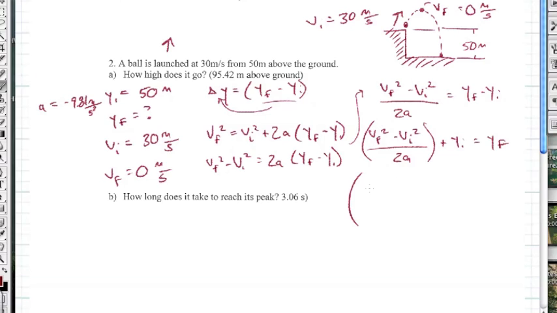Oh, it's easy. 0 squared minus VI, that's 30 meters per second, that value squared, over 2 times negative 9.81 meters per second squared. All that plus, what's our initial position? 50 meters equals our y final.